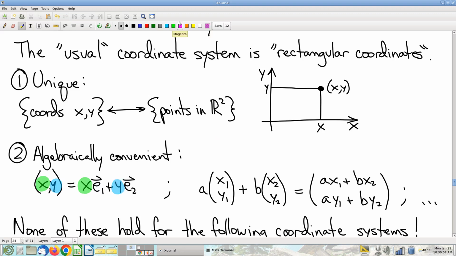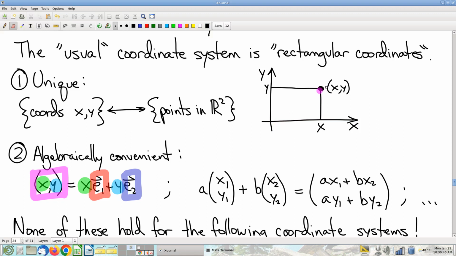So this point, x comma y, is a linear combination of E1 and E2. Oh, color choices. All right, that purple point is a linear combination of the standard basis vectors, and the coordinates are the coefficients. Very handy. And unique to rectangular coordinates.